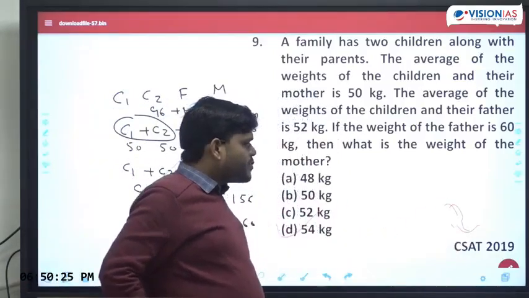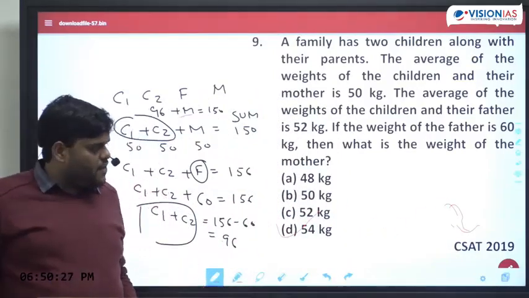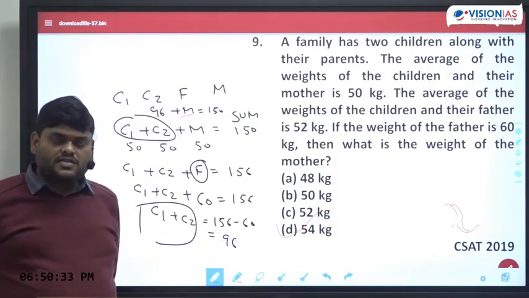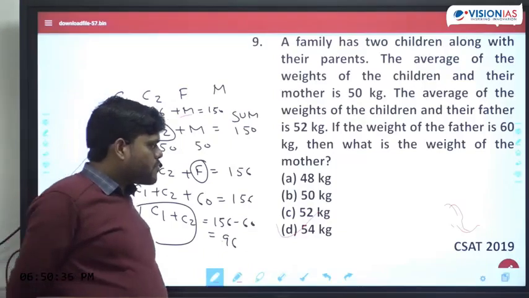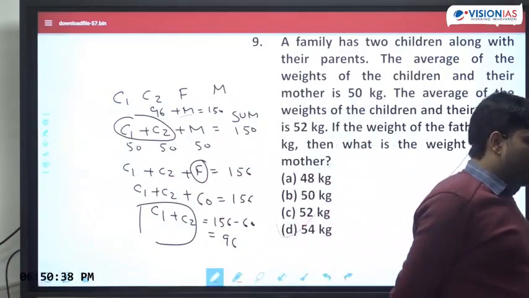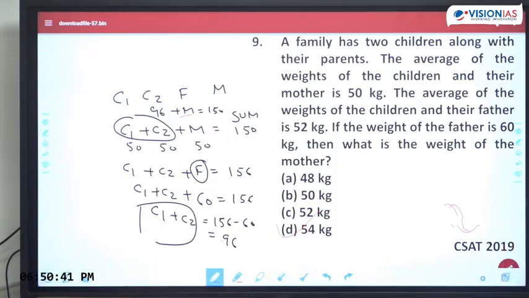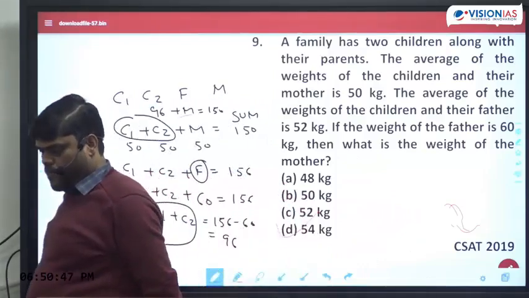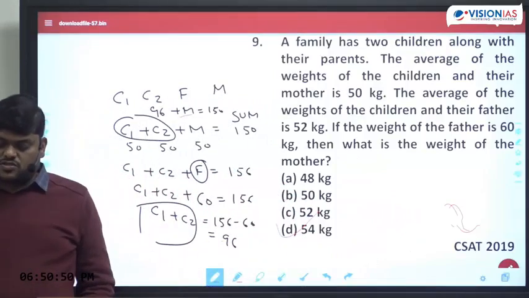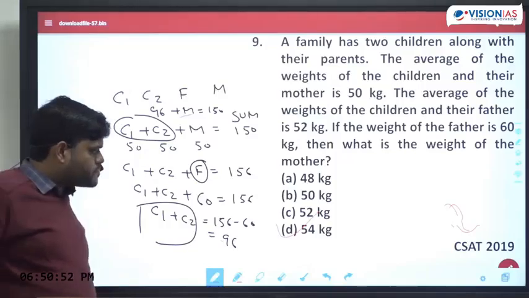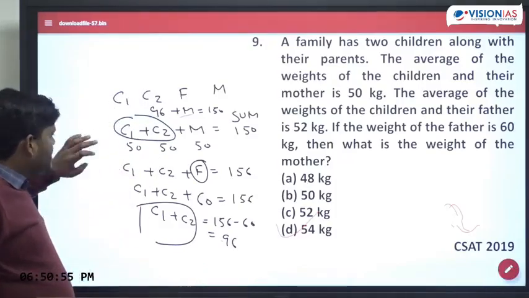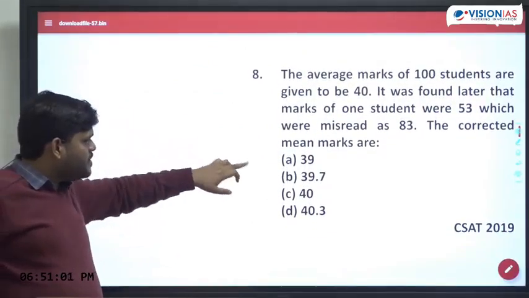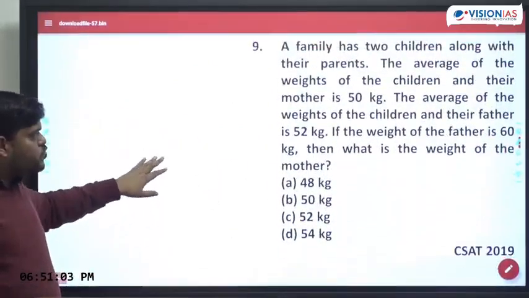And you can see that this is a CSAT question. I hope you guys are getting the confidence that yes, we can solve the problems of CSAT also. It's not a big deal. We can solve it very easily. Is this making sense or not? This question also came in 2019.